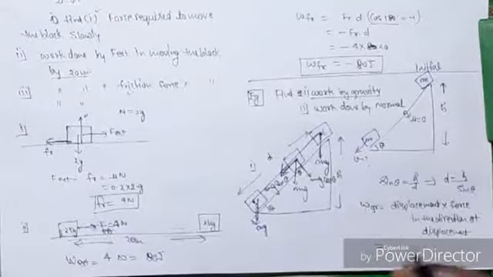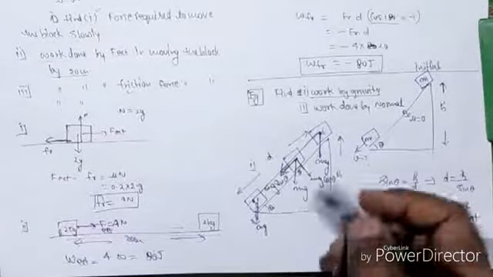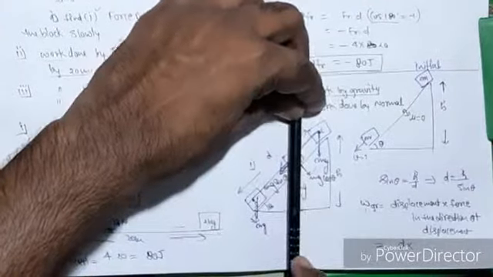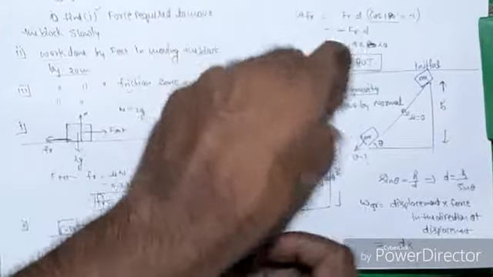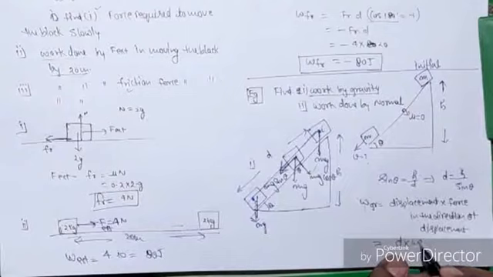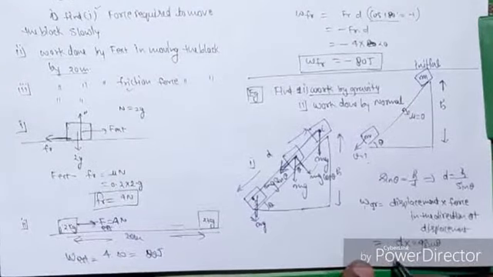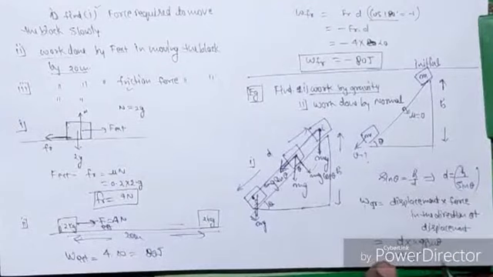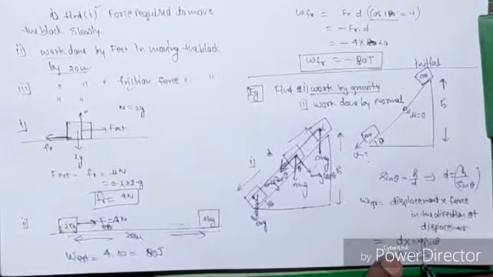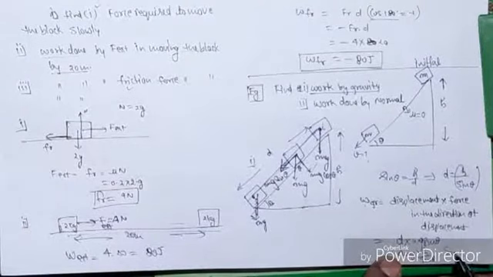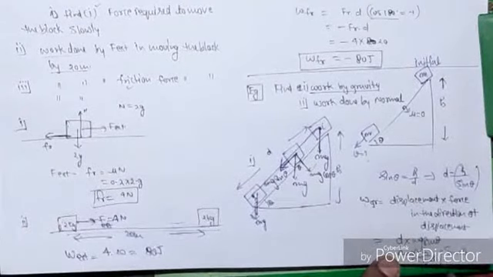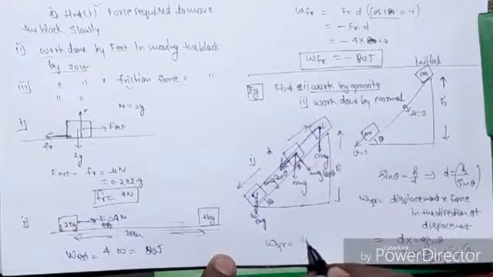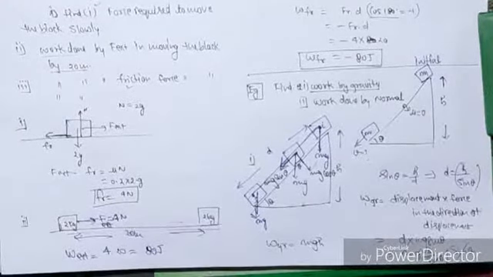The displacement is d, and the force in the direction of the displacement is mg sin theta. So mg, and we write d is equal to h upon sin theta, into sin theta. Sin theta will cancel out, and the work done by gravity will be equal to mgh.